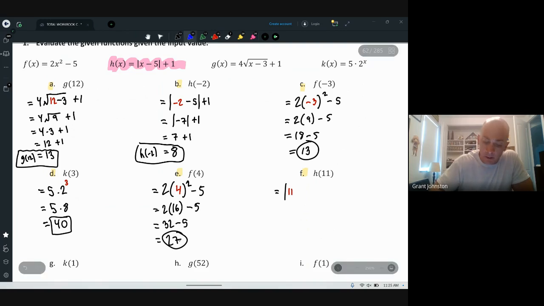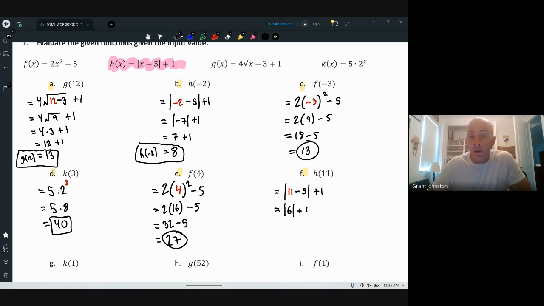So I have 11 minus 5 plus 1. 11 minus 5 is 6. The absolute value of 6, remember, it's just distance away from 0, and distance is always represented positively. So the absolute value of positive 6 is still just positive 6. So 6 plus 1 gives us 7. So h of 11 equals 7.